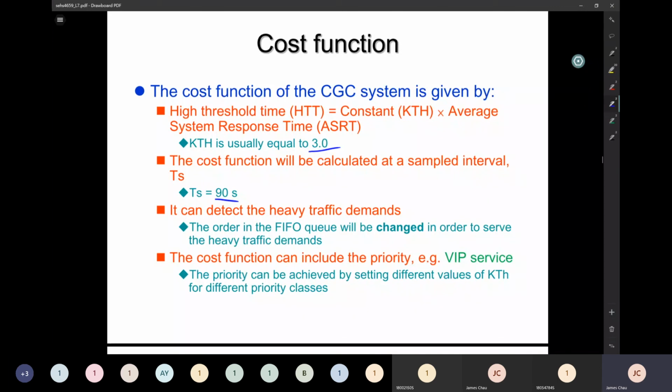It can detect the heavy traffic demand so that the order of the FIFO can be changed whenever we have heavy traffic, in order to serve the heavy traffic demand first. Also, whenever we receive a VIP service, then we can make the constant have a higher value in order to make the lift serve the higher priority first.